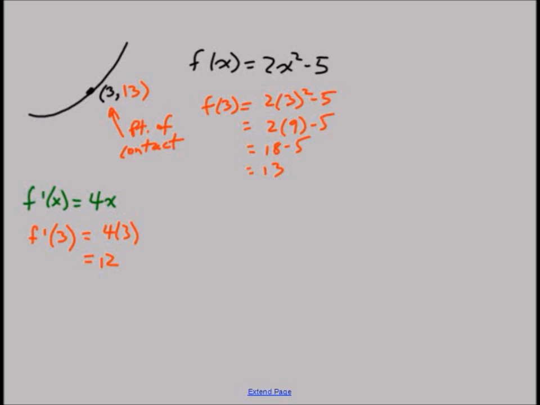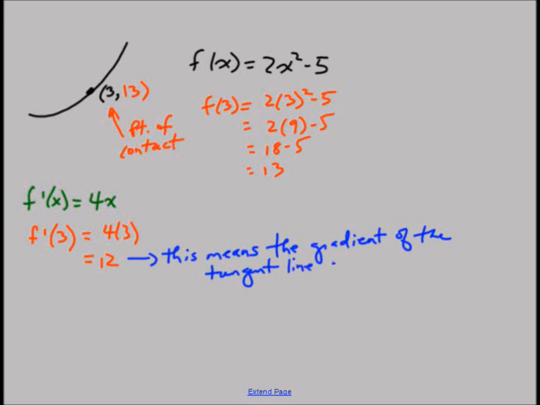This means that the gradient of the tangent line at the point of contact, that particular point, is 12. All right, so we could determine the equation of this tangent line then.